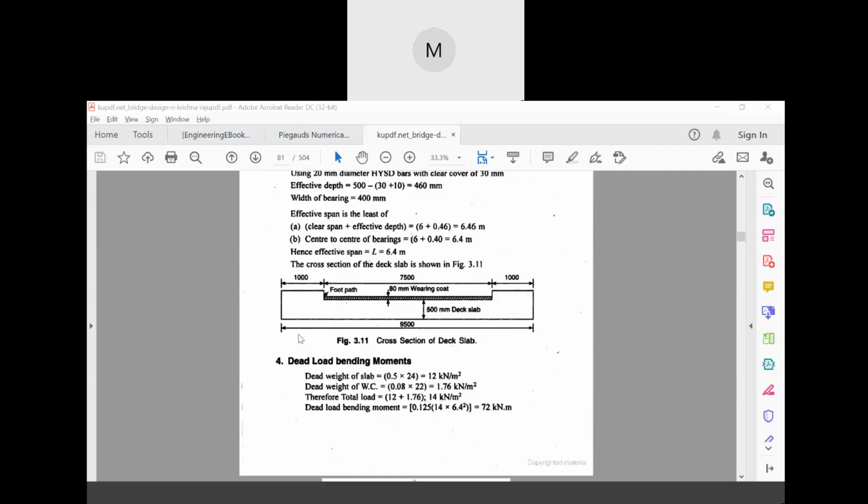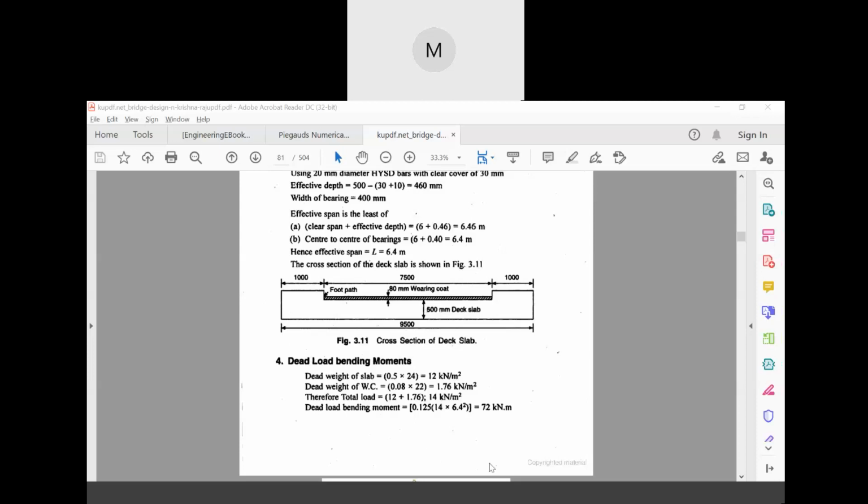RCC means reinforced cement concrete. But here, for the unit weight of concrete, we are considering only the PCC. RCC we are not considering, because reinforcement is not considered up to this step. So we just consider it as PCC.